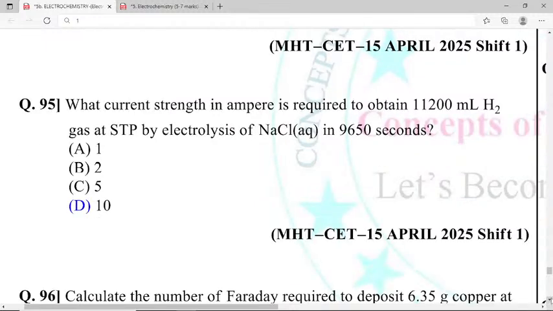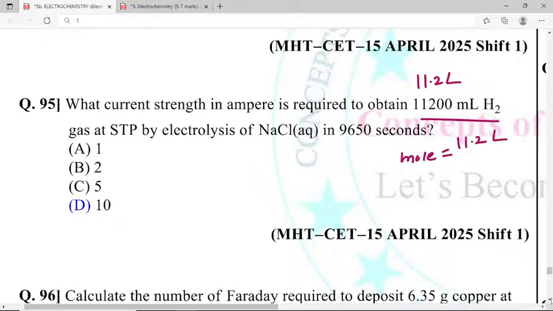What current strength in ampere is required to obtain 11.2 liter of hydrogen? So this is in mL, how much converts into liter? 1, 2, 3, 11.2 liter. So first convert to mole. So what is the mole here? Mole is equal to 11.2 liter divided by 22.414 liter.